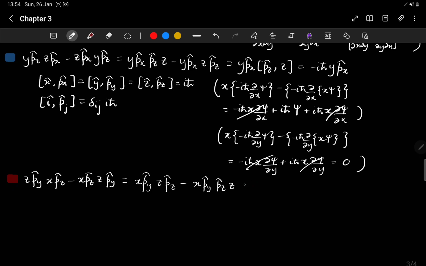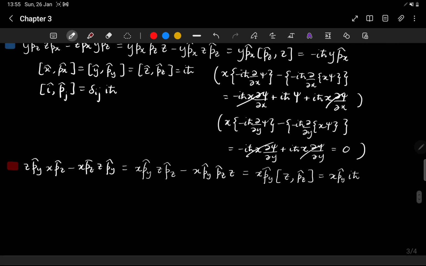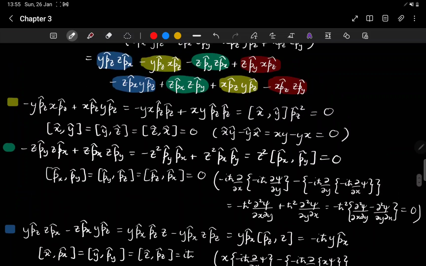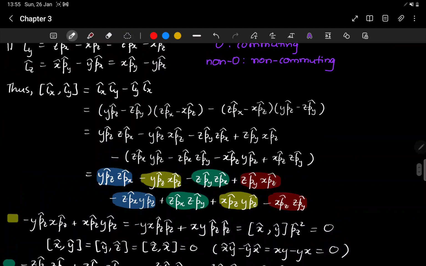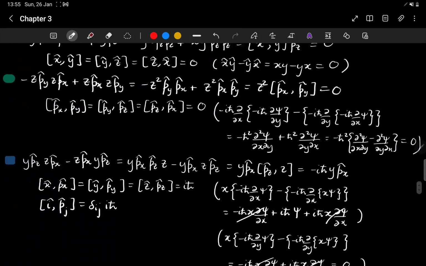So this is equal to, again x py we can take common, and you can immediately now recognize this is nothing but the z pz commutator, which is equal to iħ cross. Now we'll combine all these pairs, the yellow, green, blue and red pairs, to get the original commutator Lx Ly that we wanted.